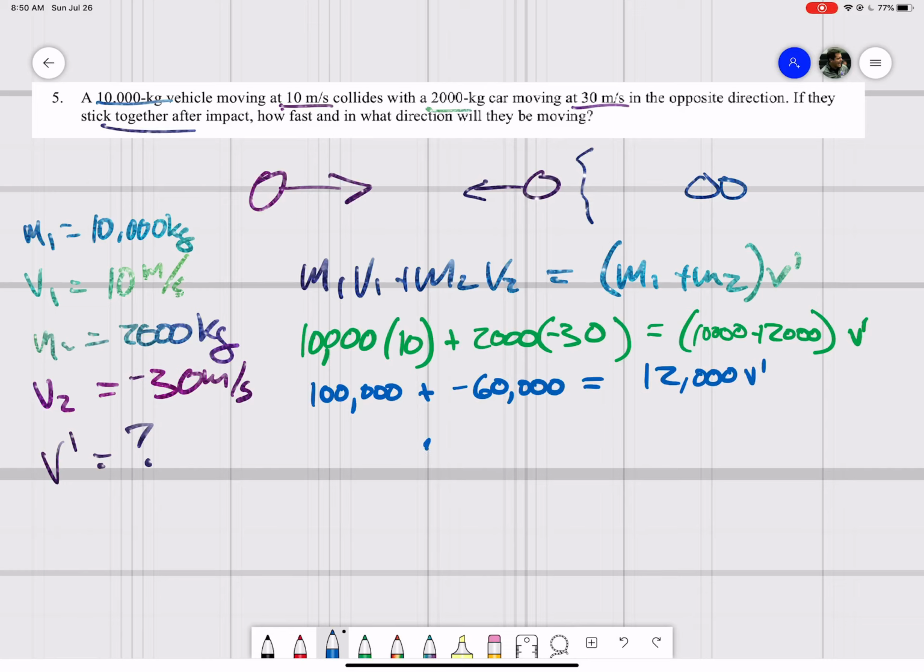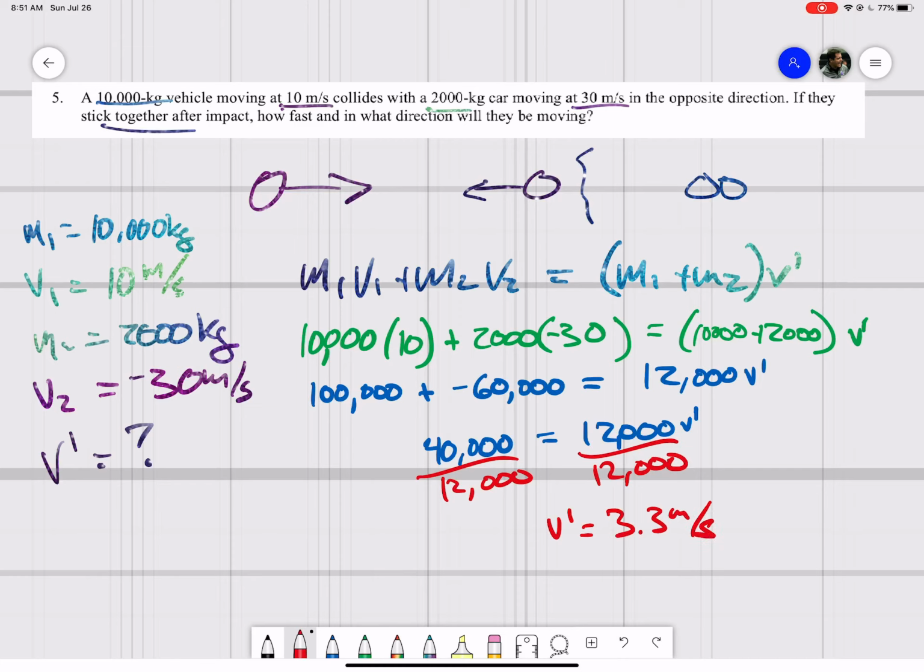So we have 40,000 is equal to 12,000 V primed. So we're going to divide both sides by 12,000 to get V prime by itself. And we get that V primed will be equal to 3.3 meters per second.